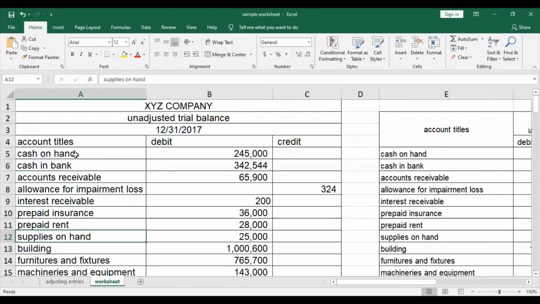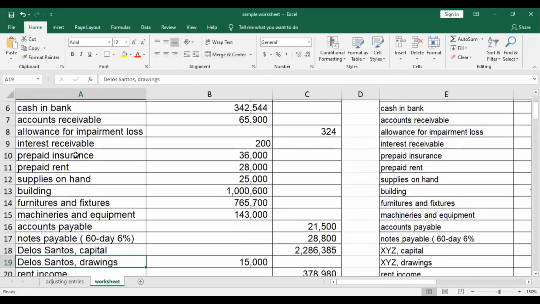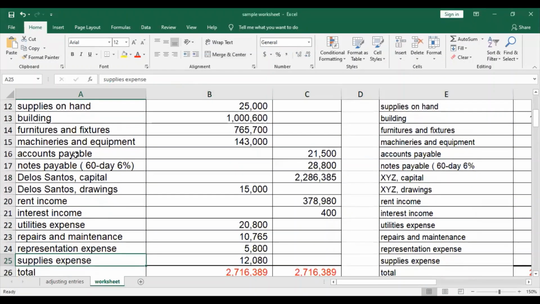So, ayan, meron kang supplies on hand, asset account of supplies. Ang indication nito, ang gagamitin nating method, asset method. Even though, kung i-check mong mabuti, sa baba may supplies expense. Kahit may supplies expense dyan, as long as may asset na supplies, ang priority natin to use is asset method. Kasi again, if we define prepaid expense, it is a current asset account.